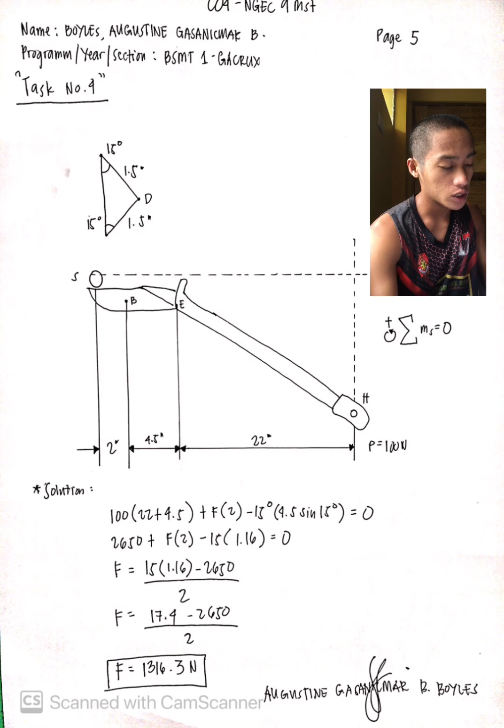So 2650 plus F times 2 minus 15 degrees times 1.16 equals 0. So F equals (15 times 1.16 minus 2650) over 2. So F is 17.4 minus 2650 divided by 2. So F here equals 13.163 N.